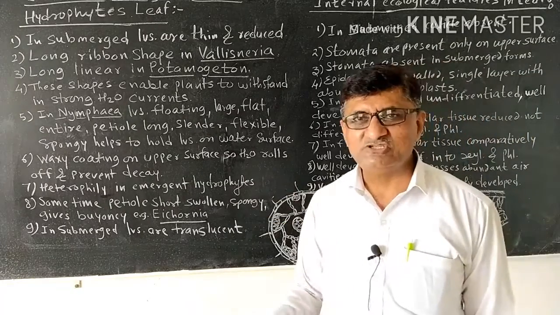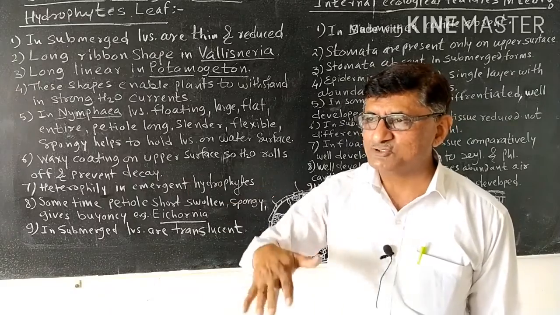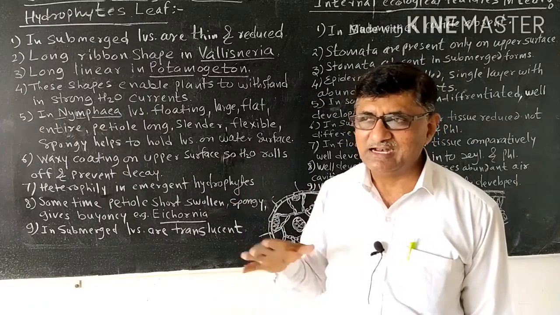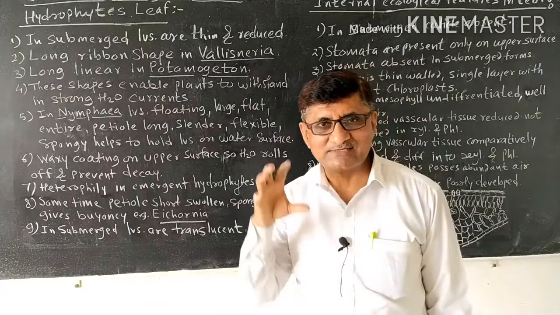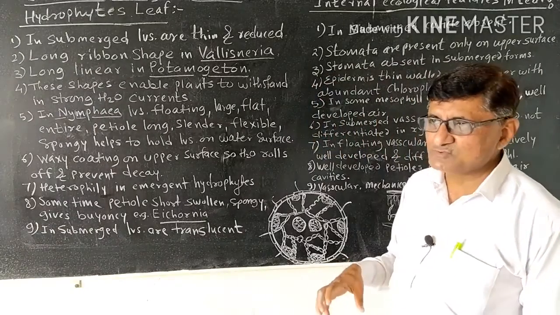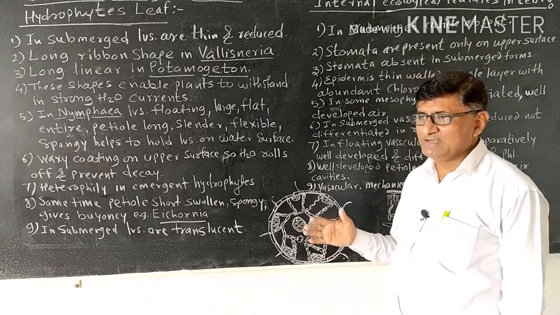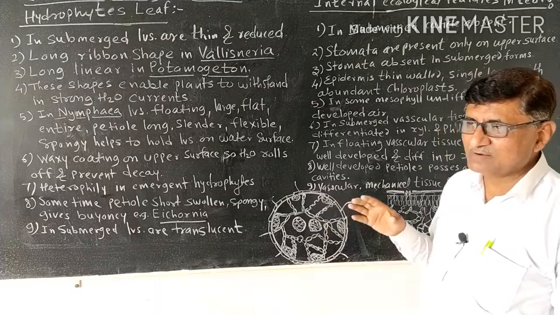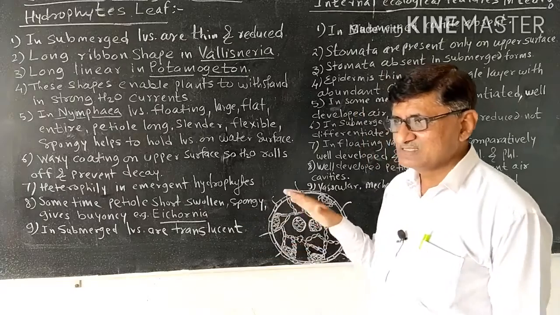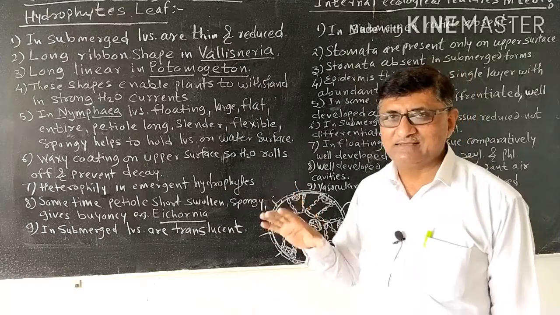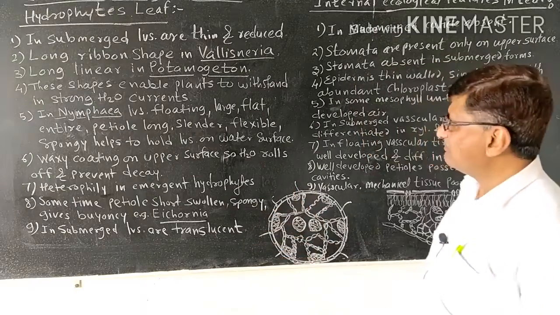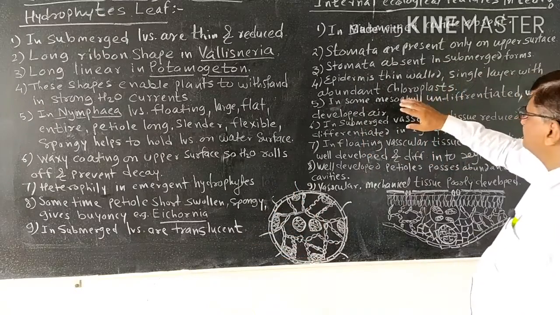The lower surface is in the water and does not get exposed to sunlight, and that is why stomata are not present there, because for opening of stomata sunlight is necessary. That is why in most floating hydrophyte leaves the stomata are present on the upper surface, and these are called epistomatic leaves, meaning stomata are present on the upper surface.